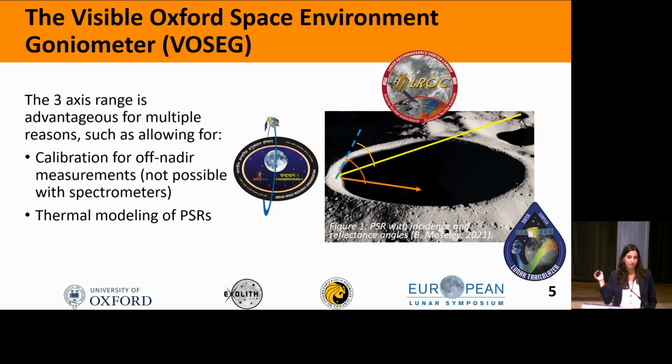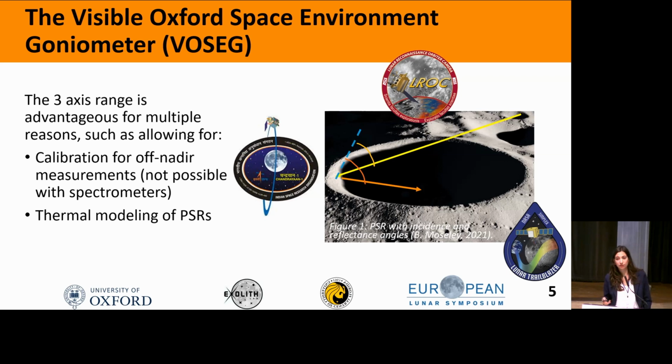Bryce Mahanti had a beautiful animation yesterday that explained very well what they are. By definition, they are areas on the Moon that are not directly illuminated by the Sun. And so anything that goes into them is, as you can see in the picture, reflected off other surfaces on the Moon.